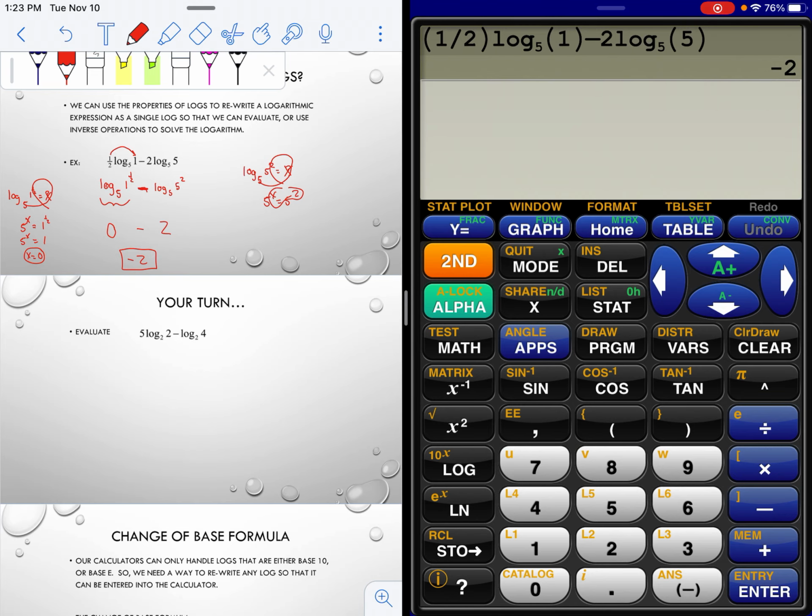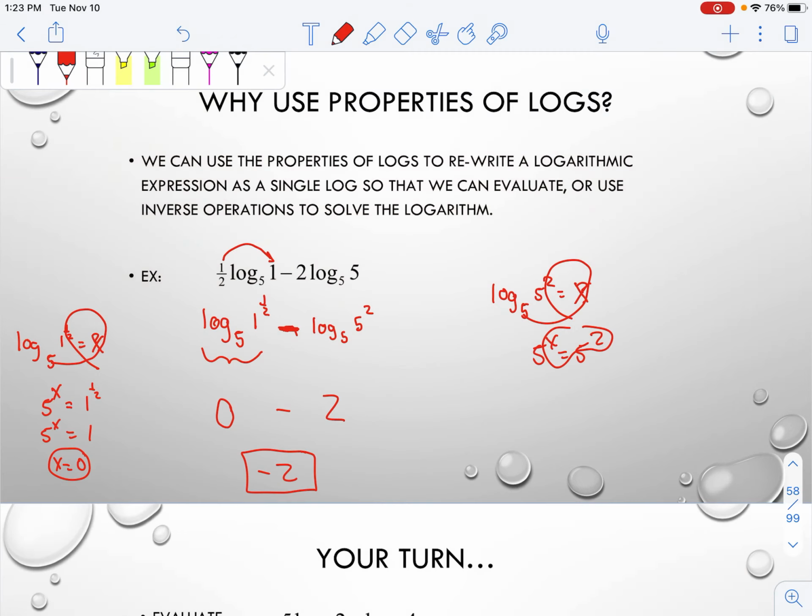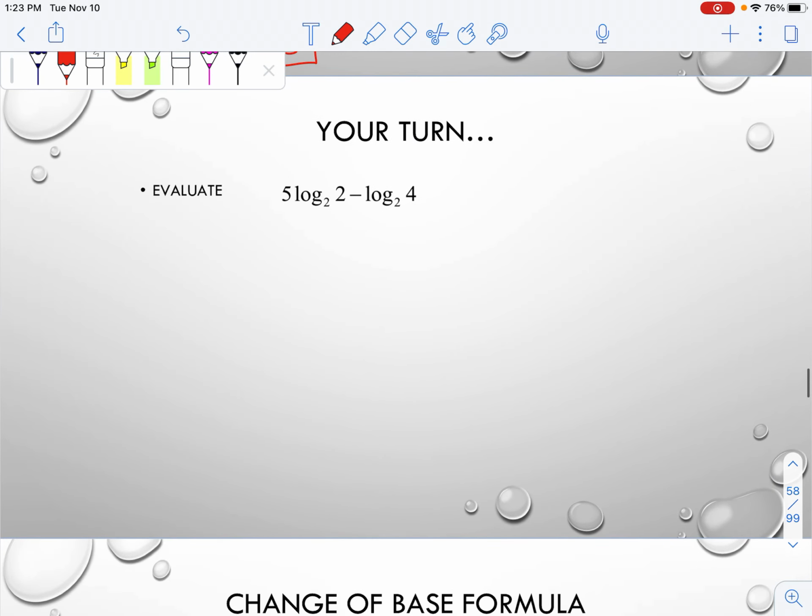All right, so we can try another example here. 5 log base 2 of 2 minus log base 2 of 4. If we look at this, we can turn the 5 into an exponent. So we get log base 2 of 2 to the 5th minus log base 2 of 4.